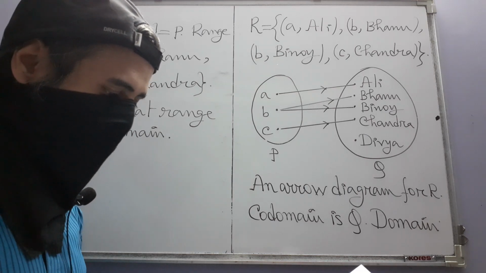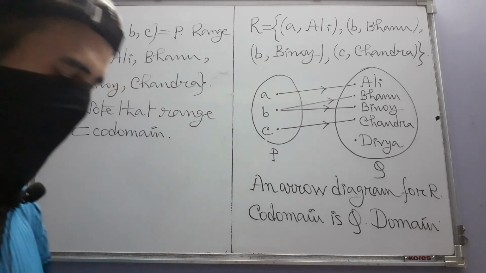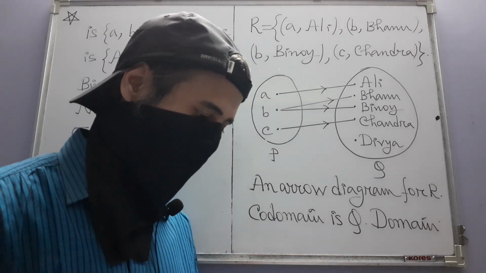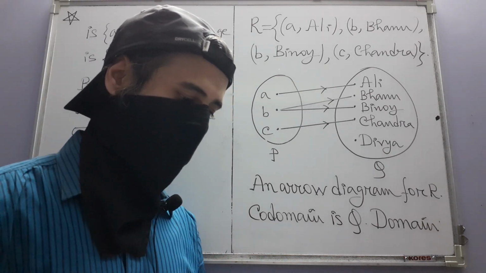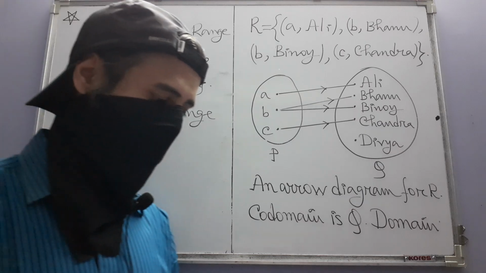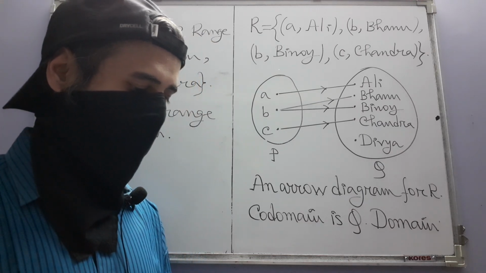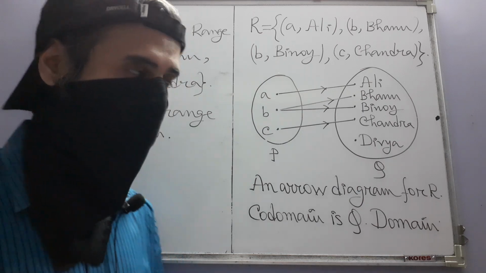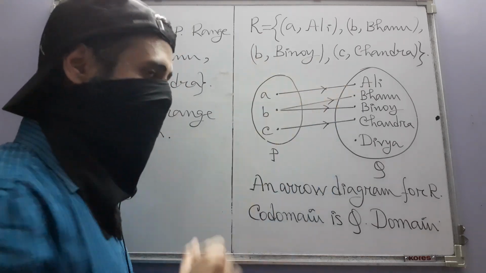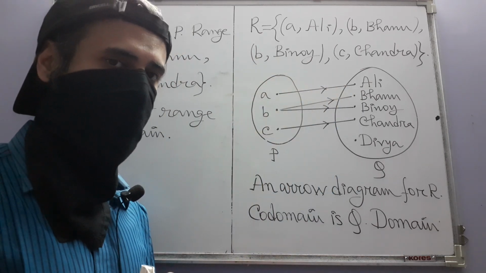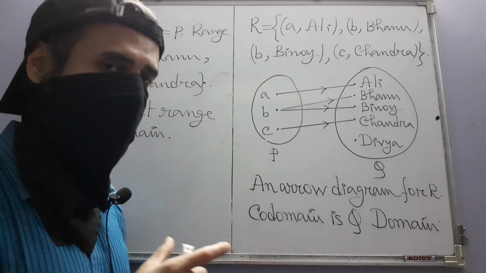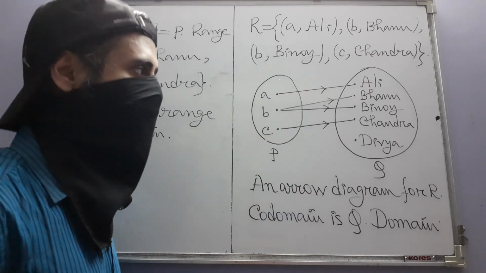Now, there are some remarks. These remarks are really, there is no need to say these things. One remark is this: a relation may be represented algebraically either by roster method or set builder method. Of course, because a relation after all is going to be a set. So you can either use roster method or set builder method to express it as a set.